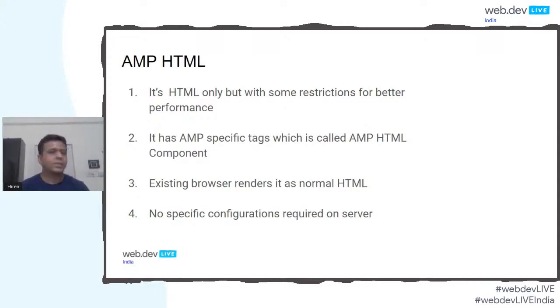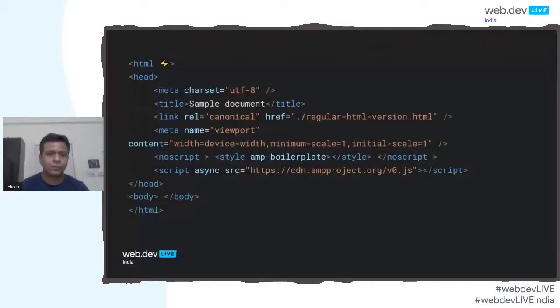And for AMP, there are no specific configurations required on the server, so it is purely on the client side. AMP HTML is an extension of HTML. It uses the same tags as HTML, but it also has specific tags. We will see what AMP tags are available.